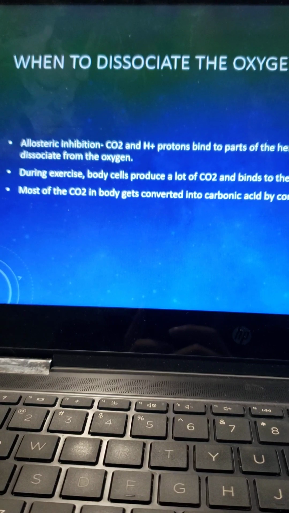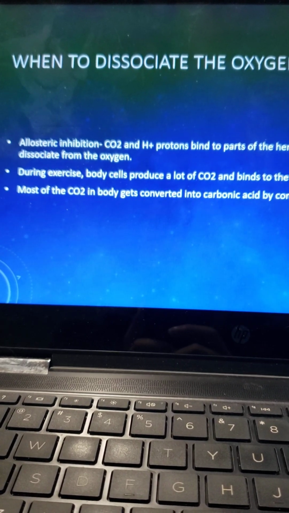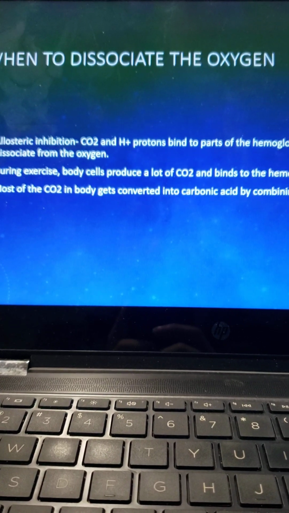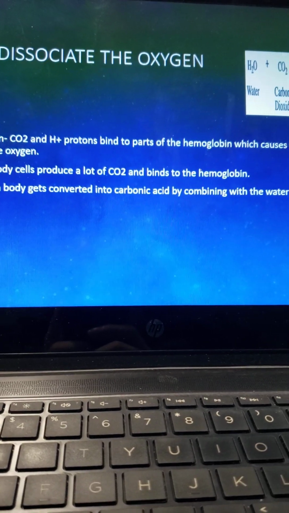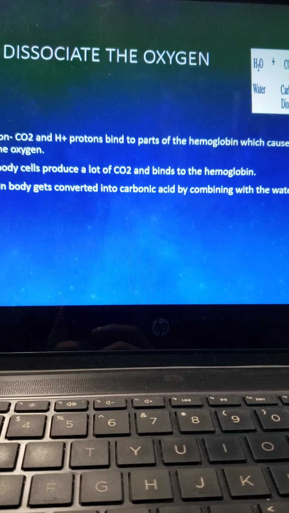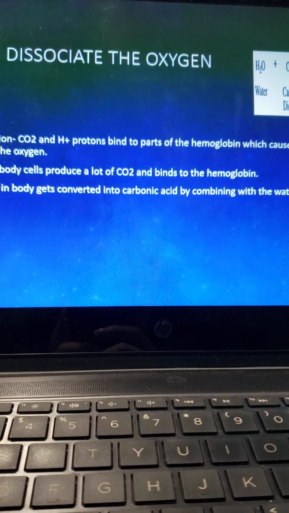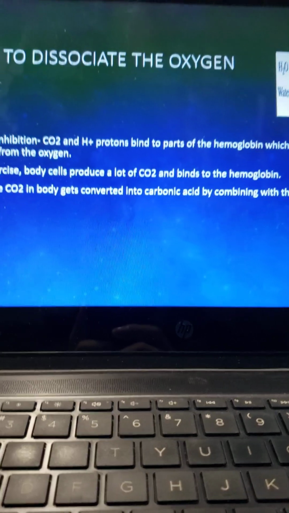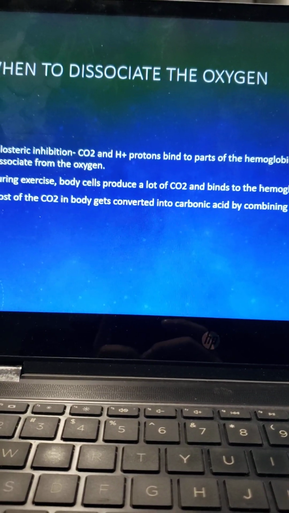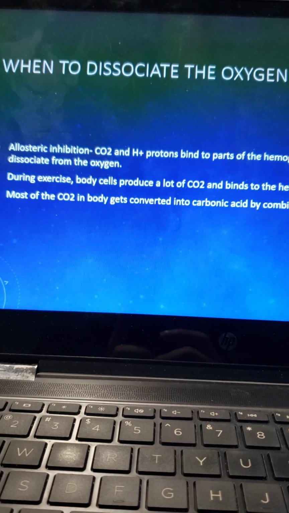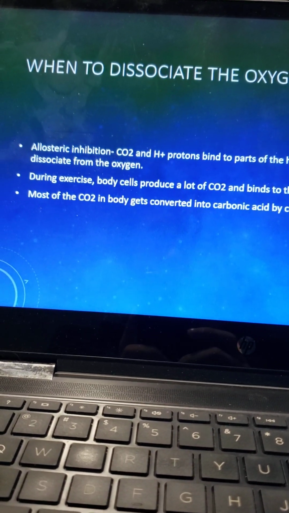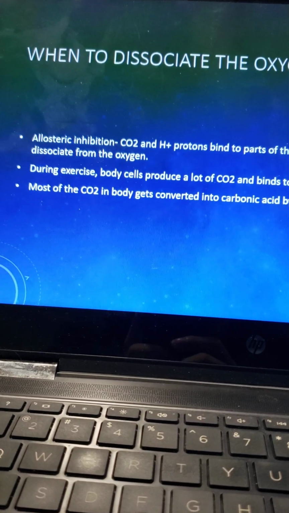During exercise, your body cells actually produce a lot of CO2, and that CO2 binds to the hemoglobin that is traveling through the body. By binding to the hemoglobin molecule, the oxygen dissociates from it, so that oxygen gets delivered and used up by the cells that need it.